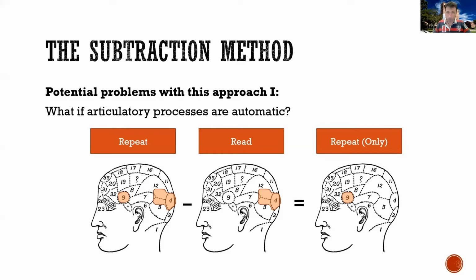If that is true, then the activation here would look a lot like the activation here, and when you subtract them, you're left with nothing. And now you would obviously underestimate what parts of the brain are important for repeating. You would say, oh, there's nothing in the brain that is used for repeating, which obviously would be incorrect to conclude.